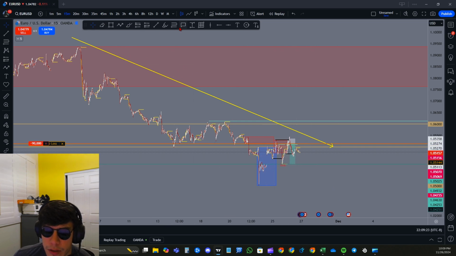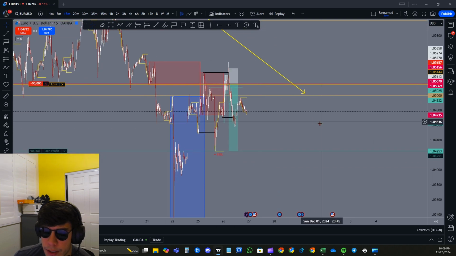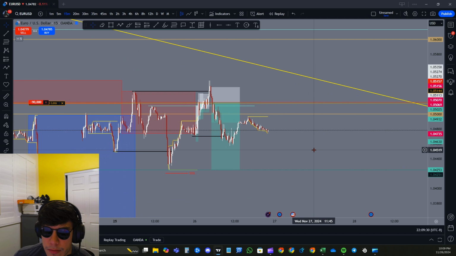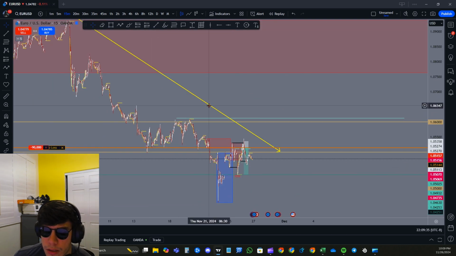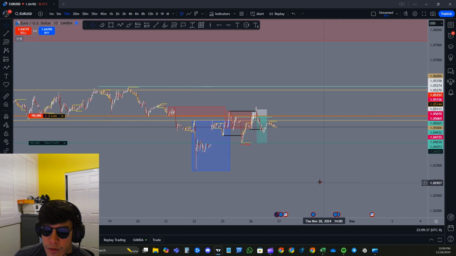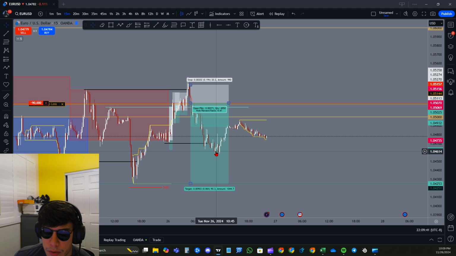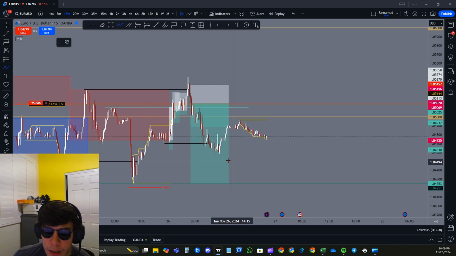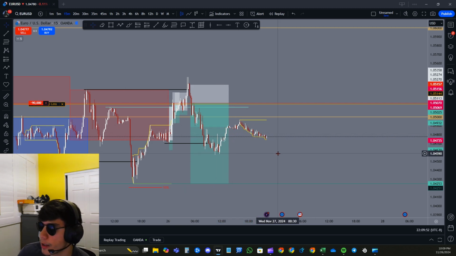A break of structure to the upside is when we're in a downtrend, obviously, right? You're trying to pick a reversal. And don't get me wrong, you could have caught the pullback here after some sort of lower time frame and then rode it up. But anyways, I wasn't even looking for buys, so I'm not going to talk about that.